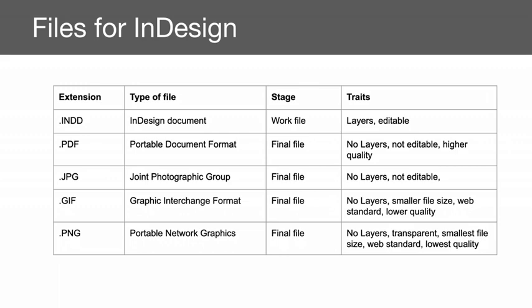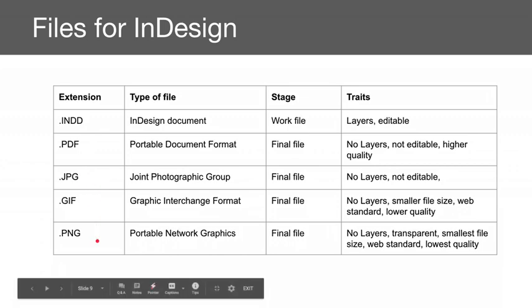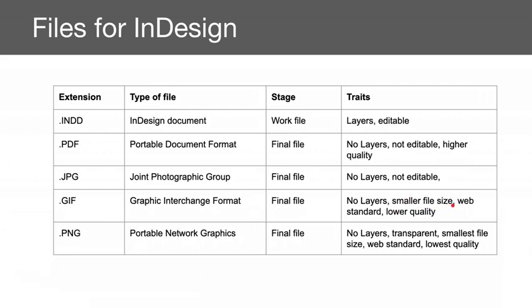And then you can always, at the end, export that document into a PDF again, which is very useful for sending to multiple folks to be able to read and just look at, or for some printing. And then, from an InDesign document, you can actually export as JPEG, GIFs, and PNGs again. Again, they have no layers, non-editable, and they'll be smaller file sizes, so it's faster to transmit on the internet.